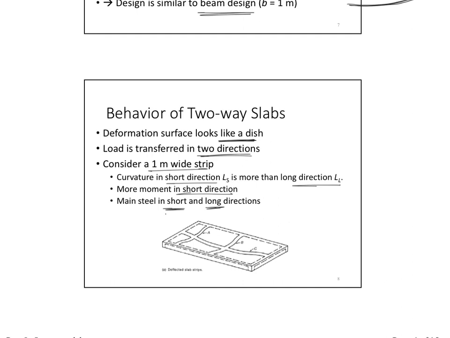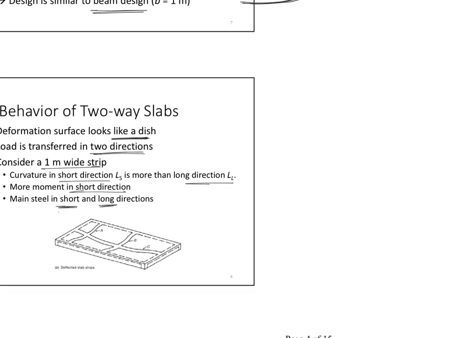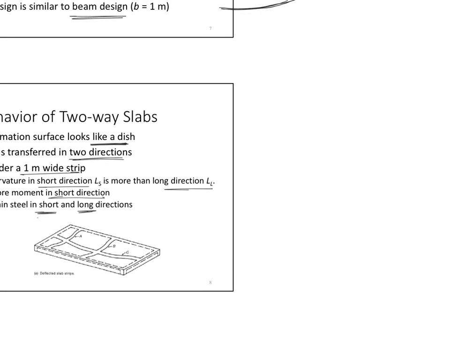So let's think about this. If we have something that is interconnected like a slab in the two directions, right? Now consider those are my two strips, the long strip and the short strip. This is part of a slab.